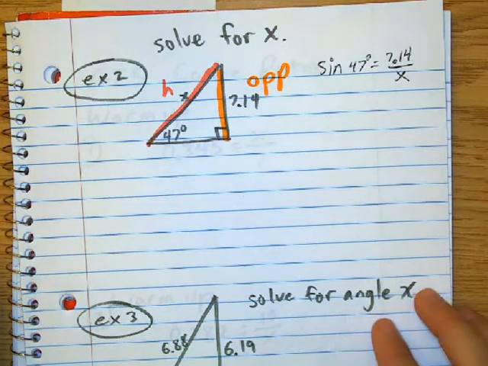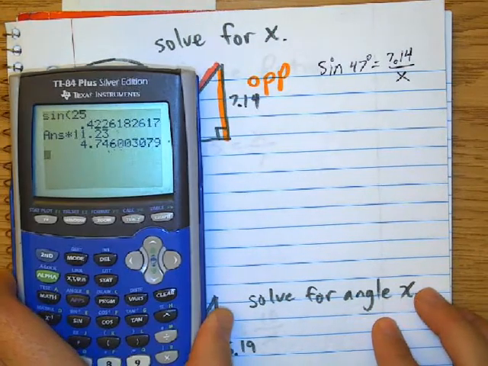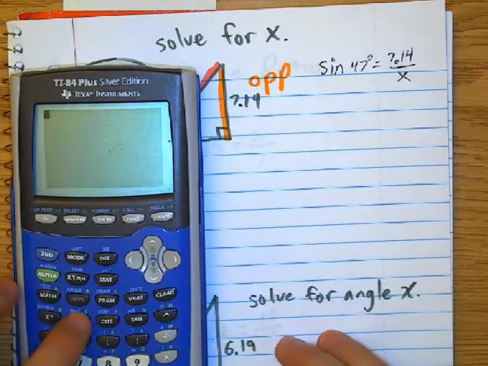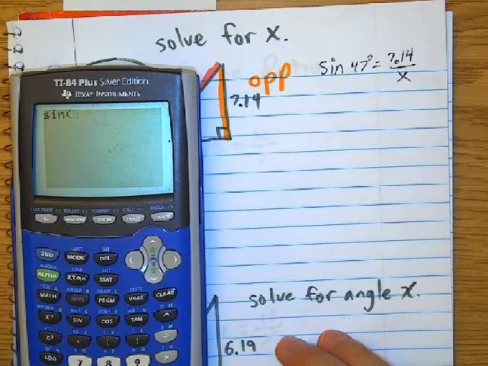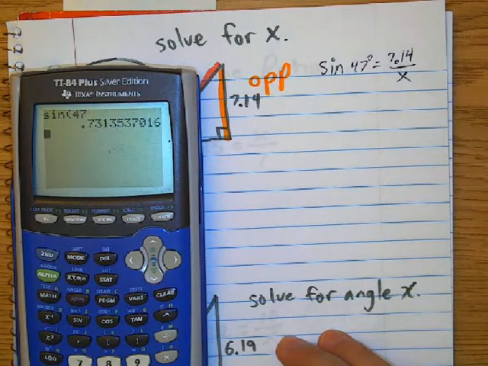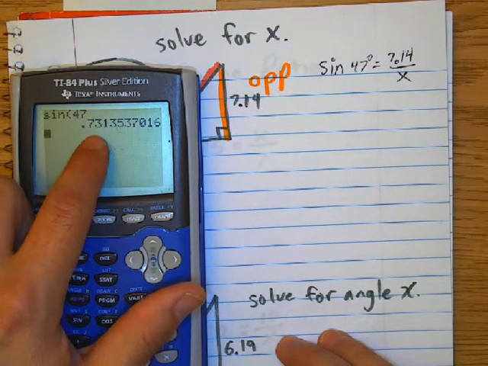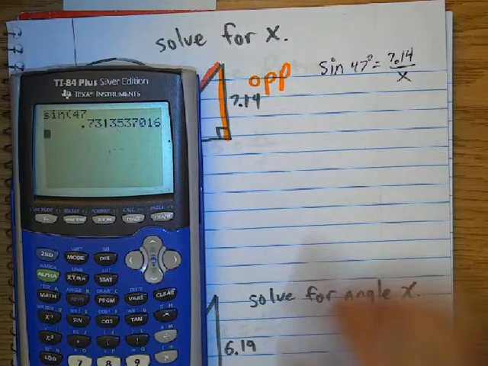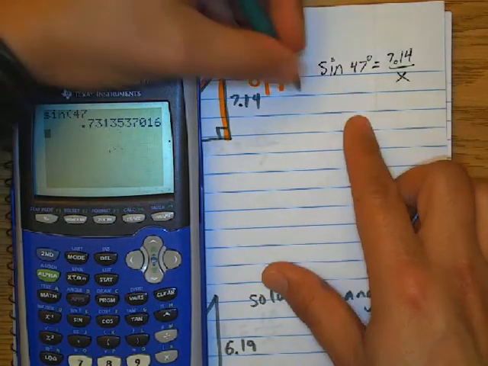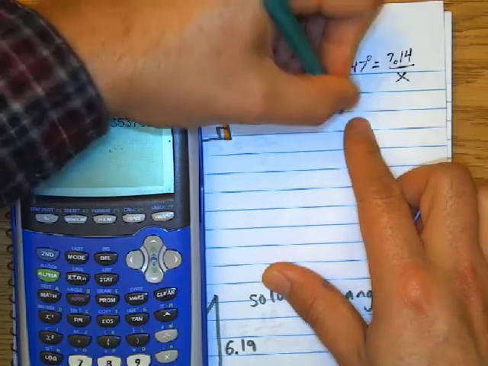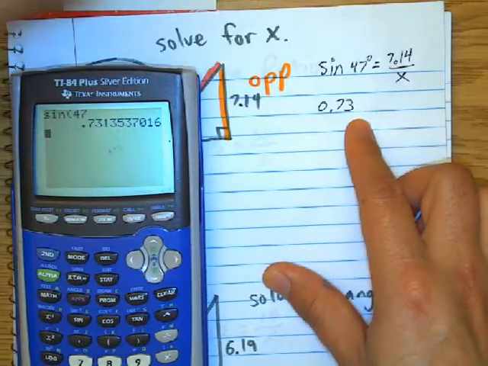Okay, so with the calculator, sine 47, enter, and I'm going to get this decimal. So I'm going to replace sine of 47 with 0.731.